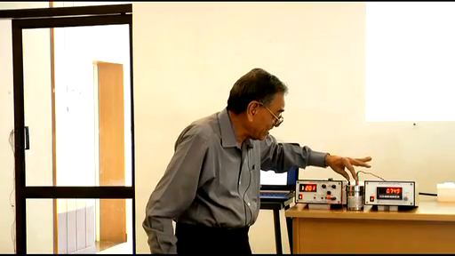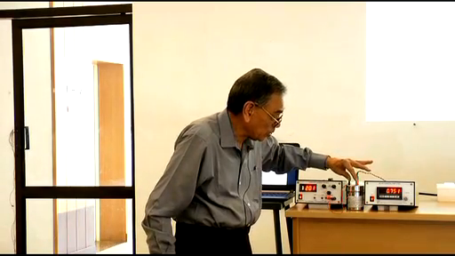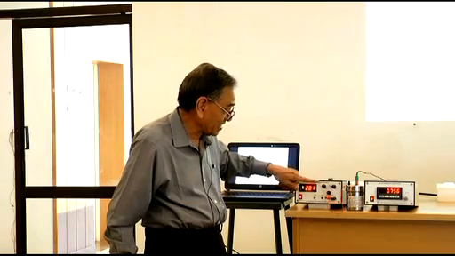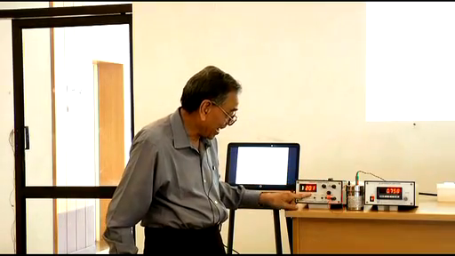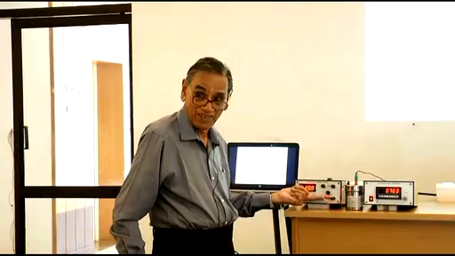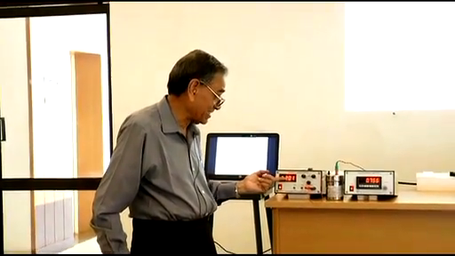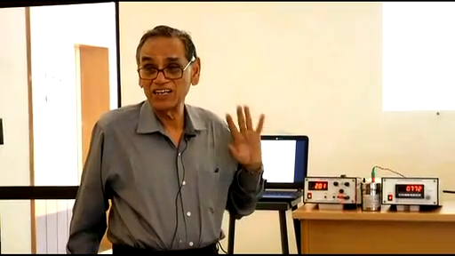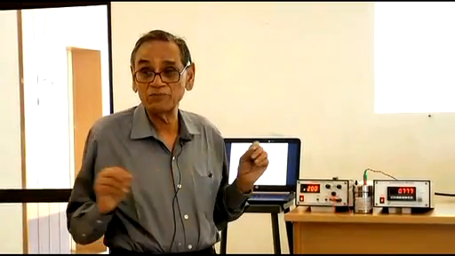The heater leads come to these two terminals, and they are connected to a constant current source in the high current mode. The two switches are up, and we set a maximum current of 200 milliamperes. Do not exceed 200 milliamperes current, otherwise the heater will burn out.